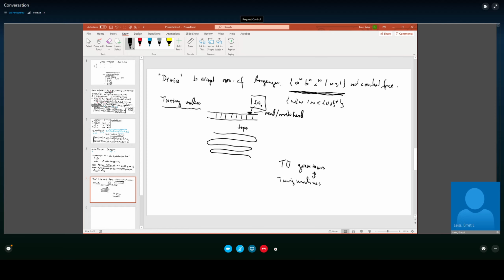Any other questions? Will Turing machines be on the test? Yes. They're on exercise sheet number 3.